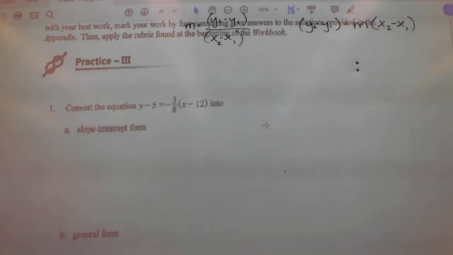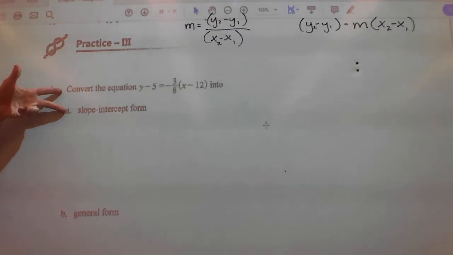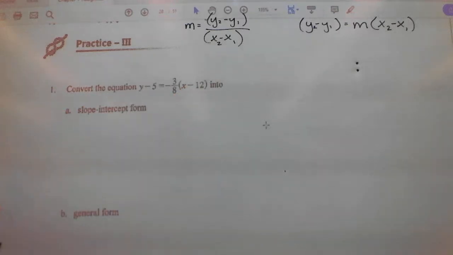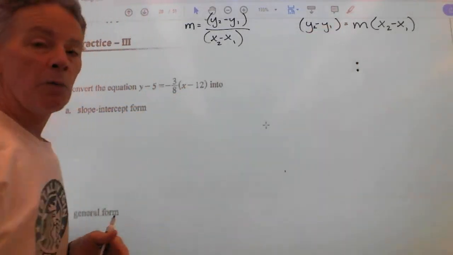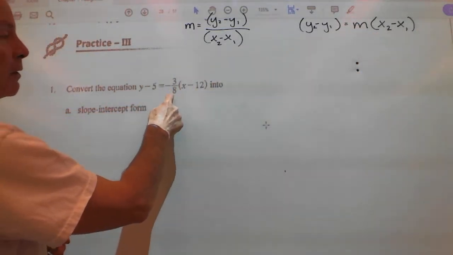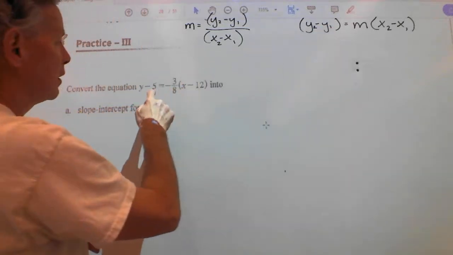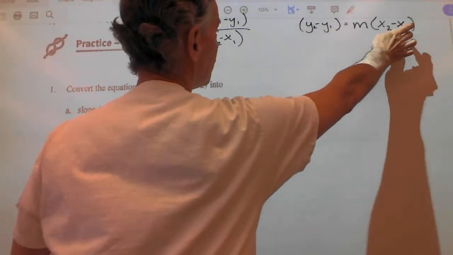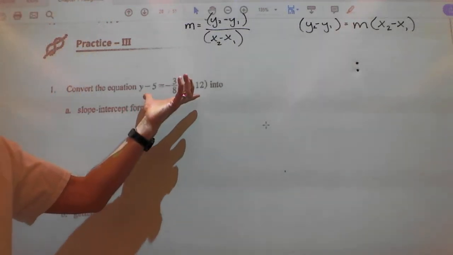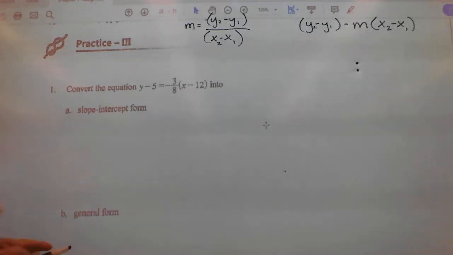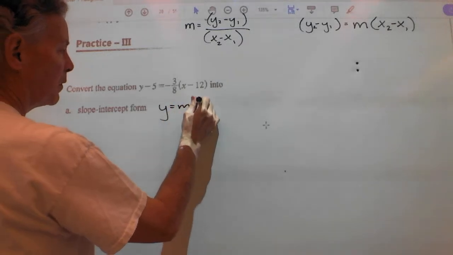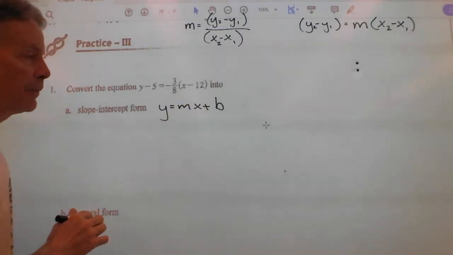And our question is asking us to convert the equation y minus 5 equals negative 3/8 times x minus 12. So that's slope point form, right, where we have a value for the slope of negative 3/8. We have a value for y1 of 5 and a value for x1 of 12. Okay? And we're being asked to simply rearrange this into slope-intercept form, which, just to review, is y equals mx plus b. Okay?